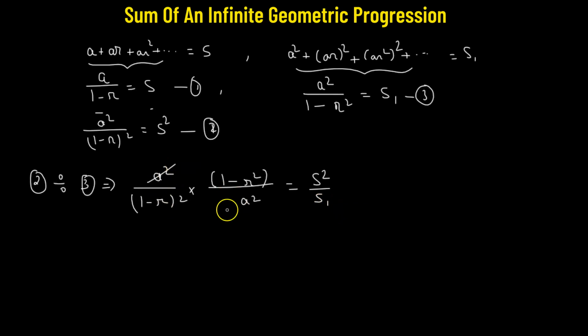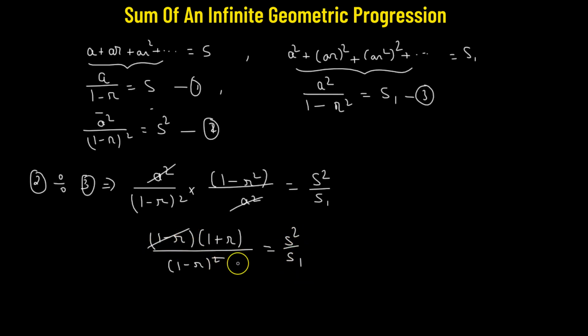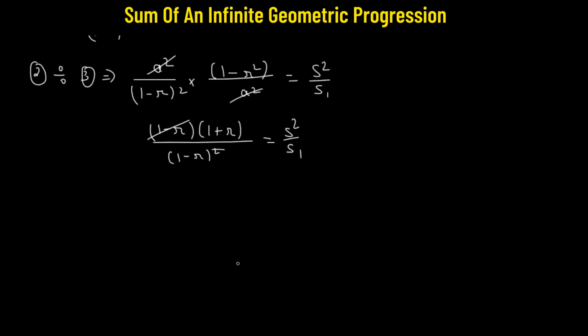So here A squared and A squared get cancelled. 1 minus R squared can also be expressed as (1 minus R) multiplied by (1 plus R), divided by (1 minus R) whole squared in the denominator, equal to S squared divided by S1. So 1 minus R from the numerator and 1 minus R from the denominator cancel out. This leaves us with (1 plus R) divided by (1 minus R), equal to S squared divided by S1.